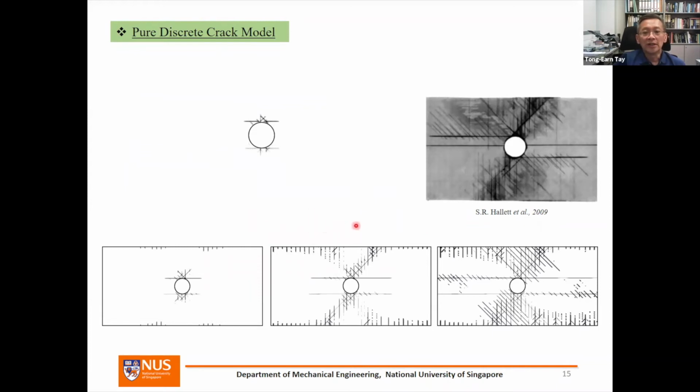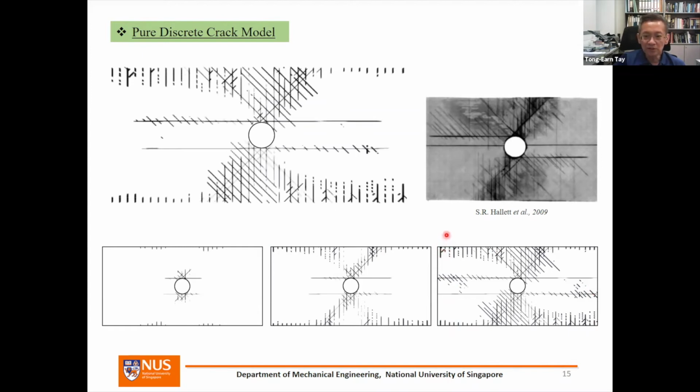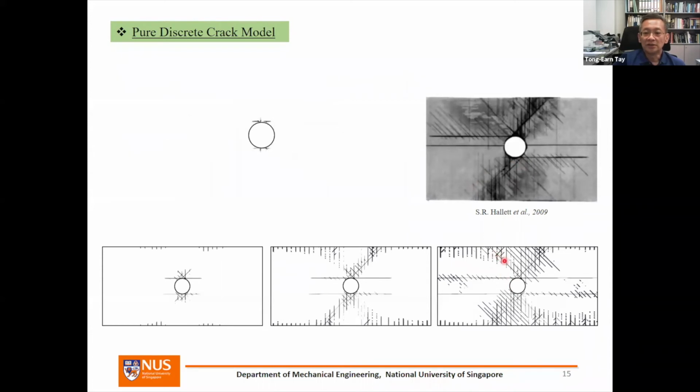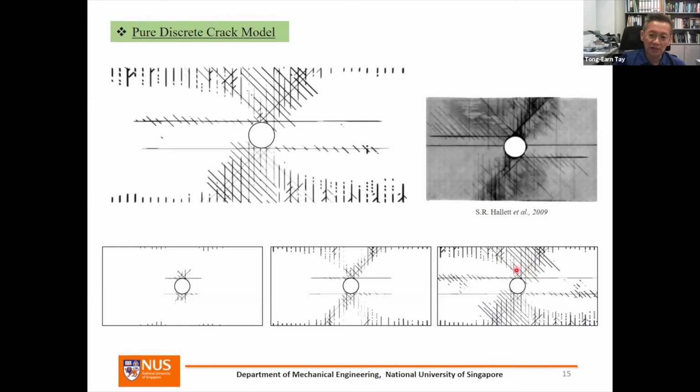But you can see here that the final damage pattern as far as the matrix cracking is concerned is very similar to experimental results. And you can see that, in this case, there are more matrix, diffuse cracks in the -45 ply than the +45 ply.